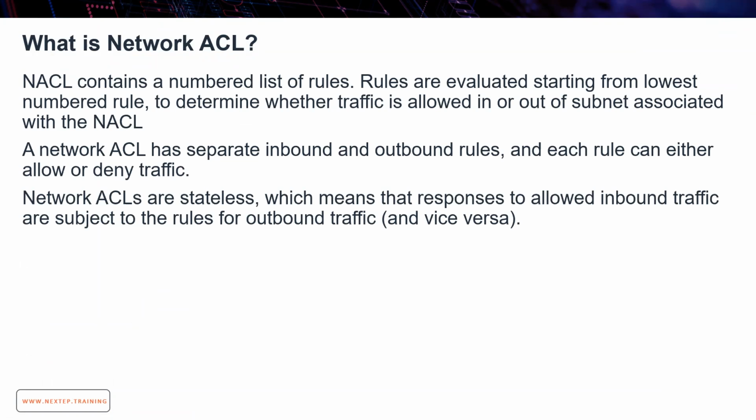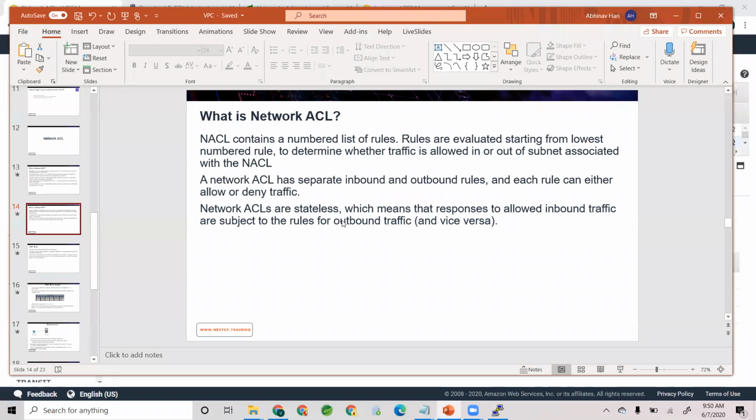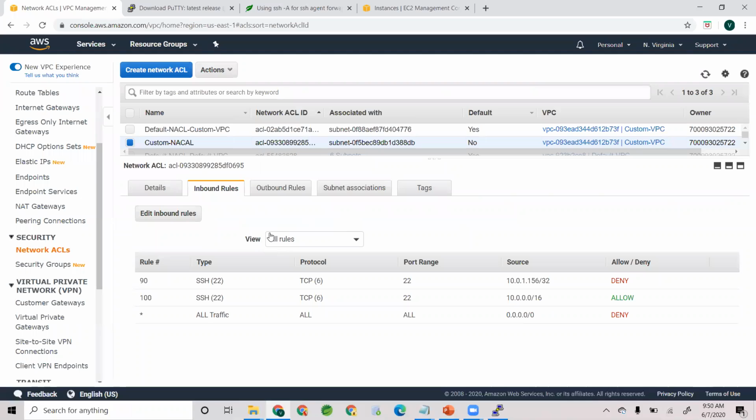Okay, so network ACLs are stateless. Understand that point. Network ACLs are stateless, which means that responses to allowed inbound traffic are subject to the rules for outbound traffic, meaning a packet or a request coming in after inbound rules are allowed does not mean that the response will go out.